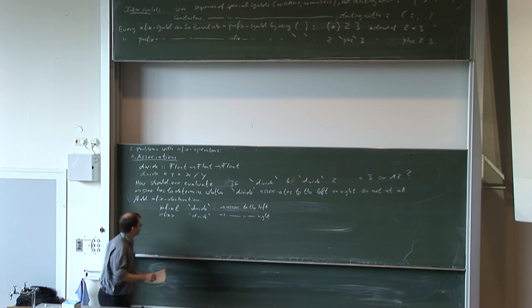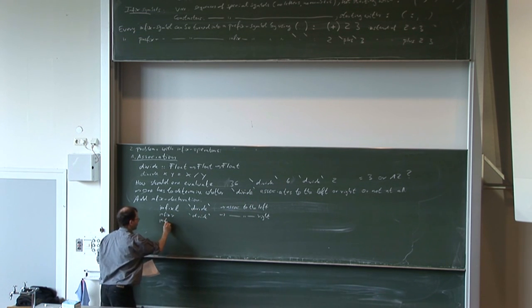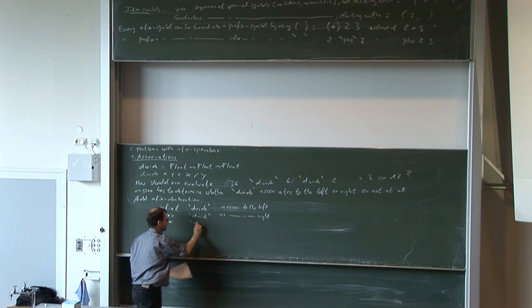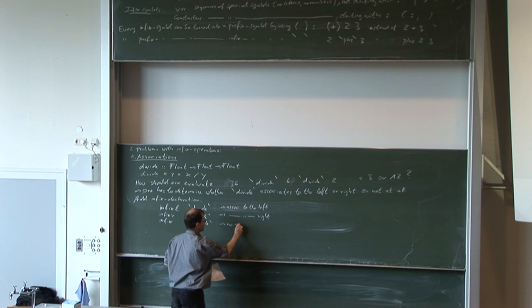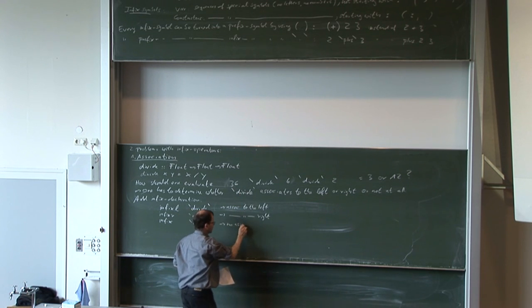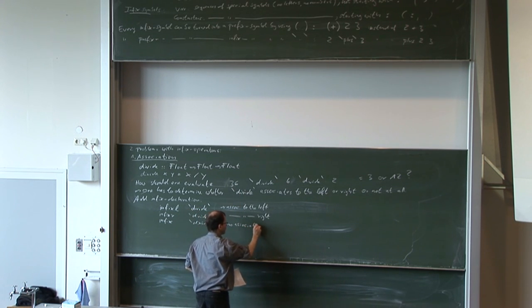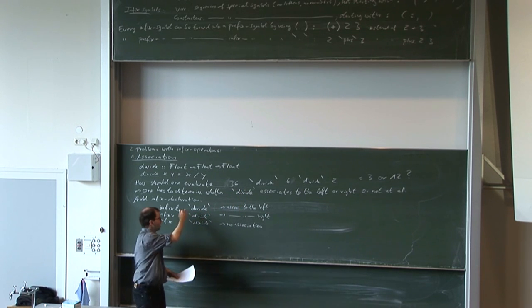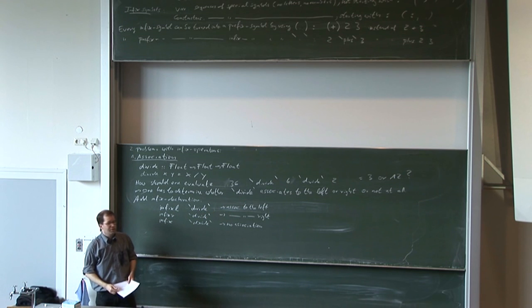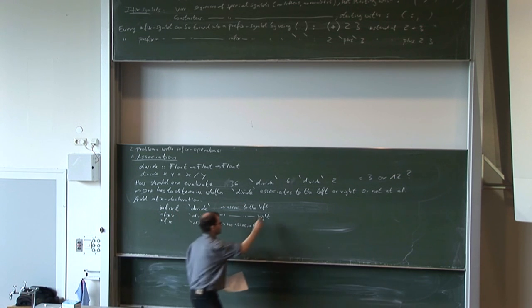If you want this, you can say infix without L or R, divide, and that means no association, and then this would be an error. Haskell would not accept expressions like this. And if you don't write anything like this, then the default is association to the left. So this is the default.